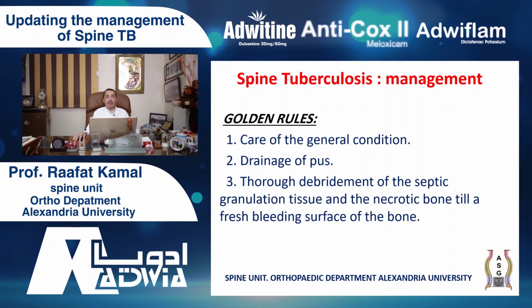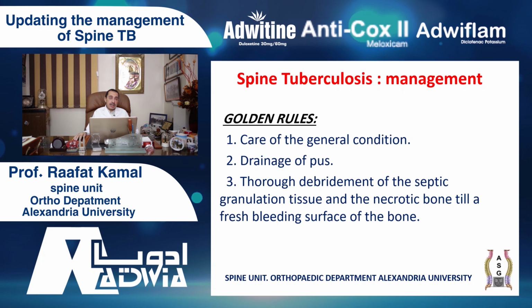Third, the thorough debridement. By thorough debridement of the septic granulation tissue, we mean that all the necrotic soft tissue and all the sequestrated bone are removed until there is a fresh bleeding surface of the bone.